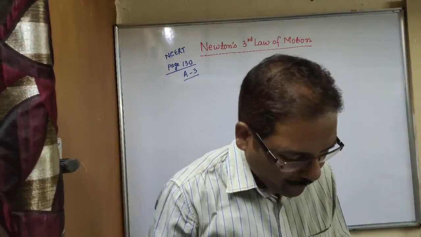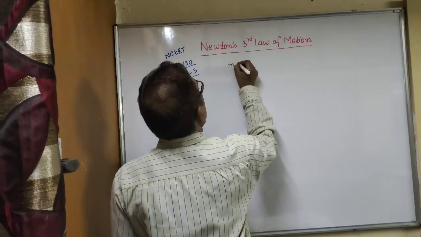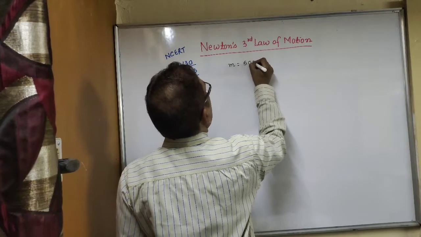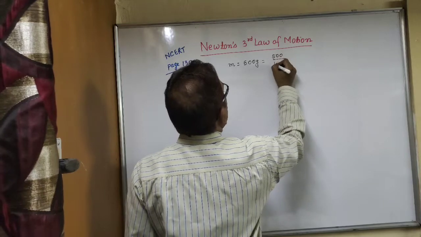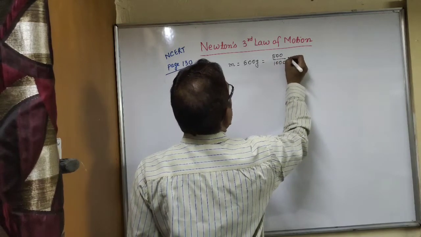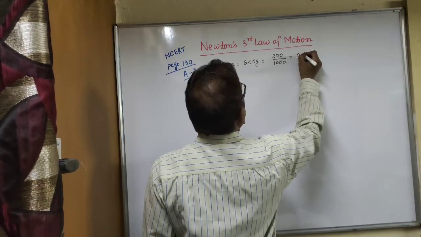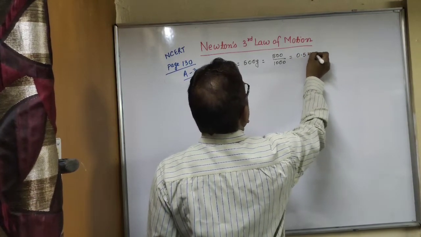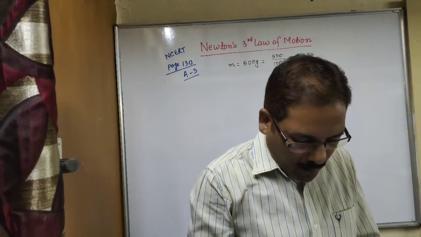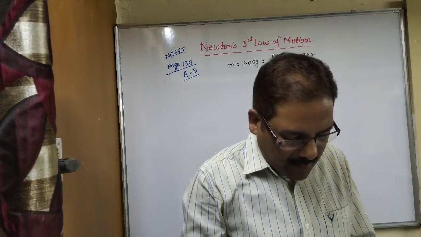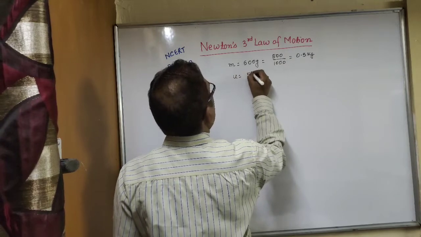Now A3: a hammer of mass 500 gram. The mass of the hammer is given as 500 gram, so first convert it into kg. It will be 0.5 kg. And moving at a speed, strikes a nail. u is given as 50 meter per second.